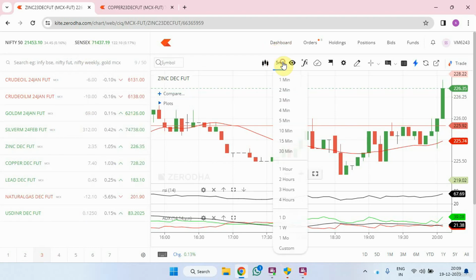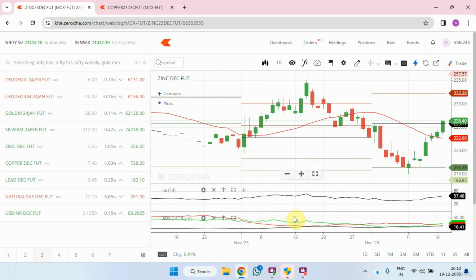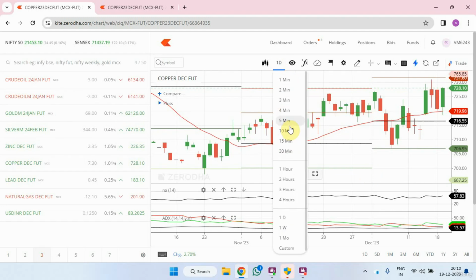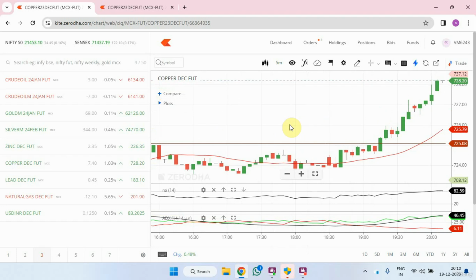So friends, I have shown you the copper trading. This is a good strategy and you can use it. Intraday momentum is good in copper and it has broken the daily resistance.